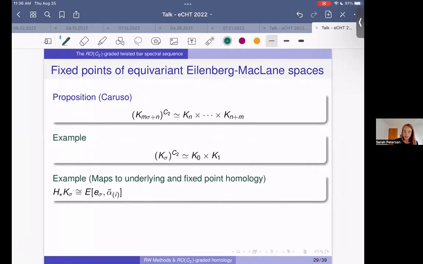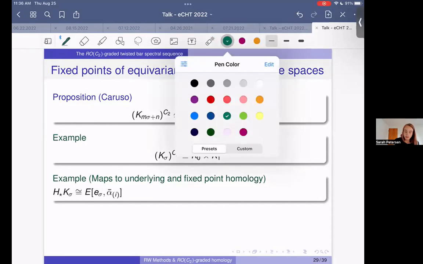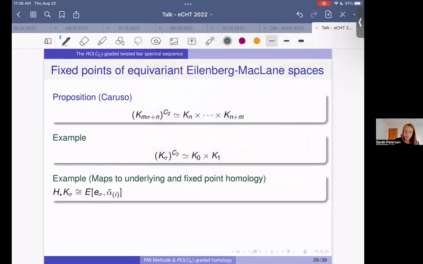So in an example of using the Behrens-Wilson lemma, we would need to understand how this homology maps to the underlying and fixed points.